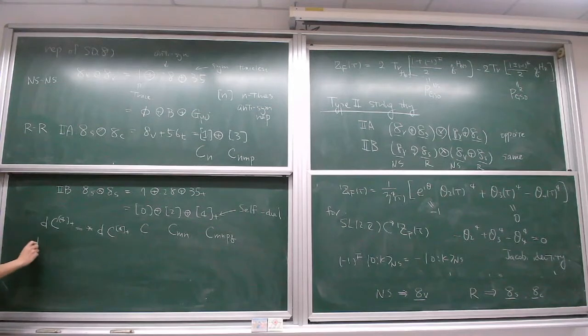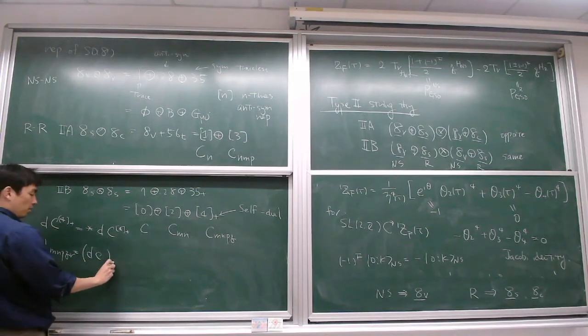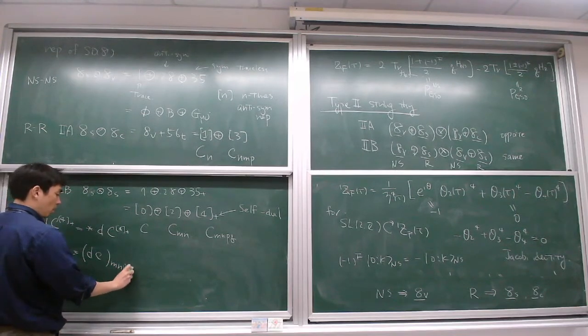So you define H_{MNPQR} as just the exterior derivative acting on C_{MNPQ}.